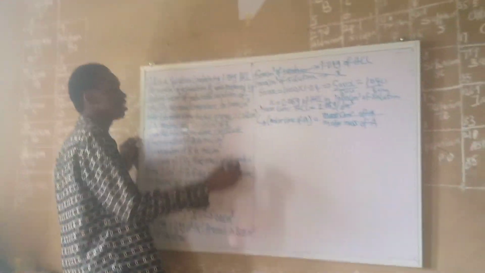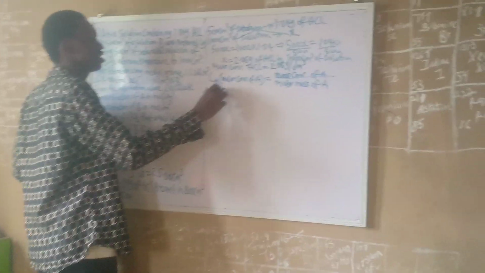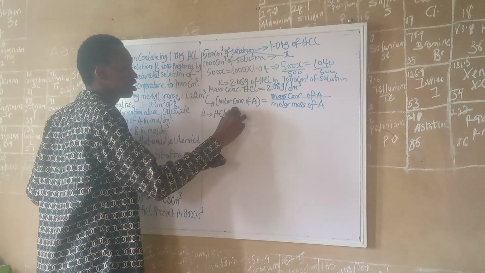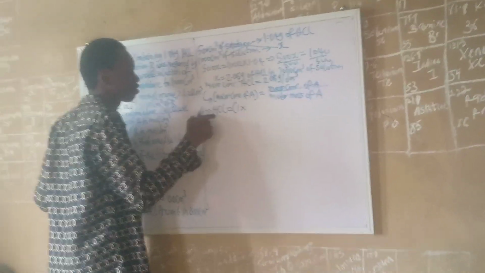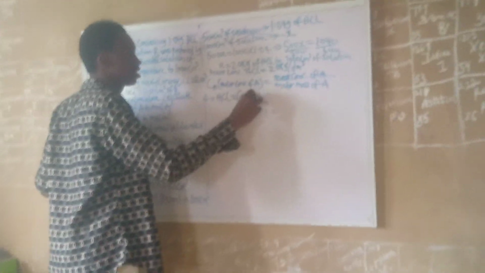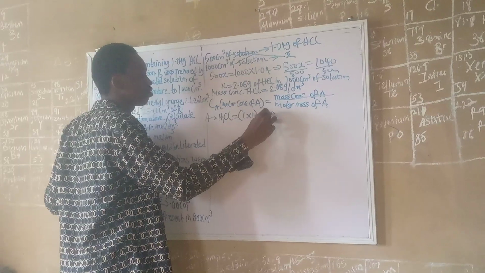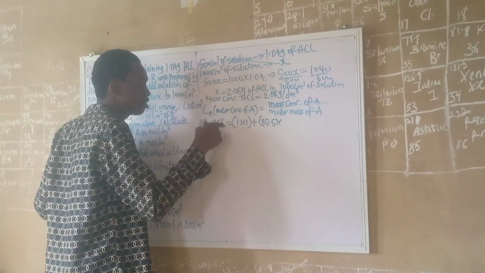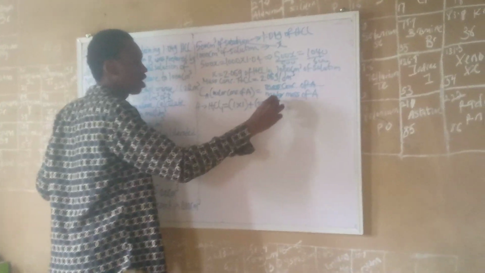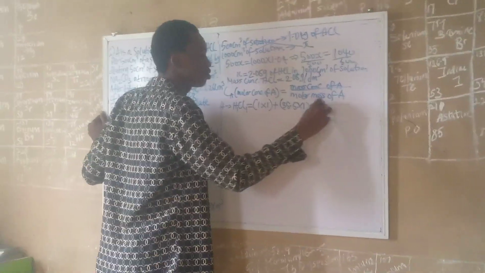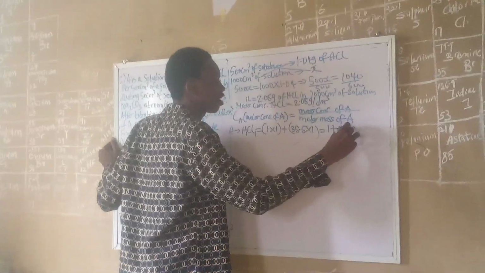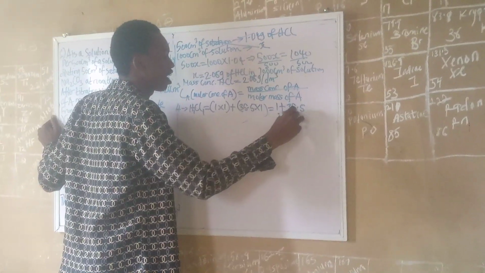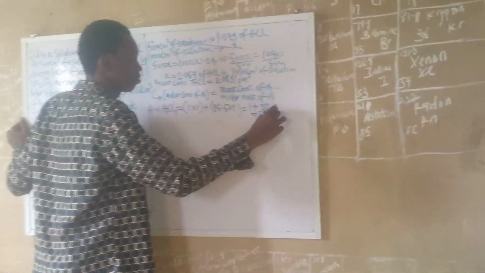A is HCl. H is 1 times 1 atom of hydrogen, plus chlorine, which is 35.5 times 1 atom of chlorine. So that's 1 plus 35.5, which is 36.5 grams.